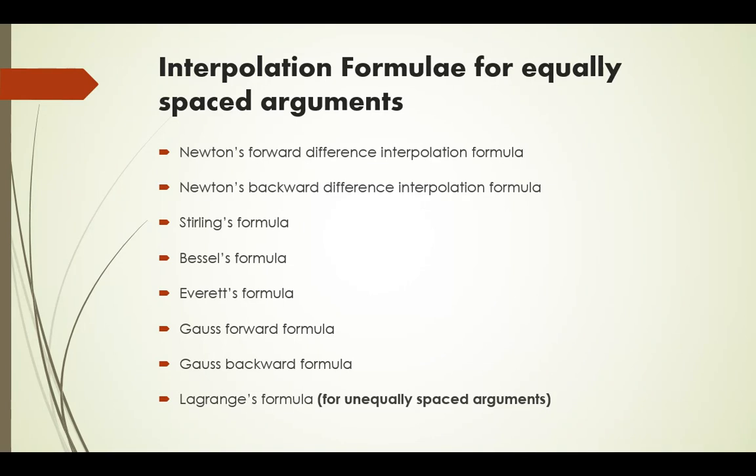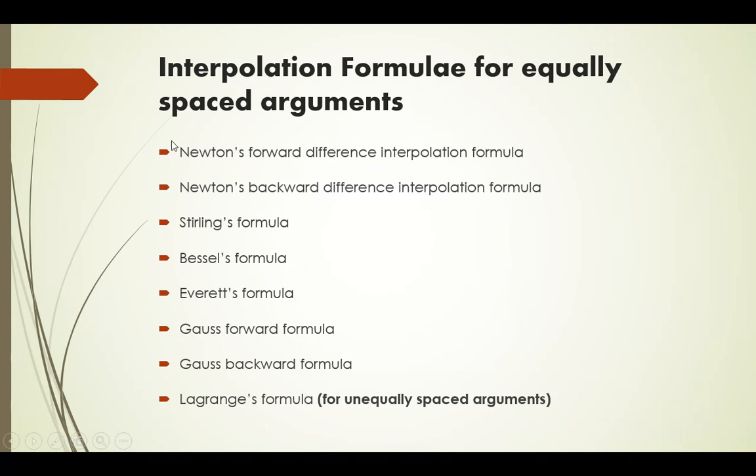You need to write it as many times as you can. If you need to learn Newton's forward formula, write it 4 or 5 times in a copy, so you will be able to memorize it.